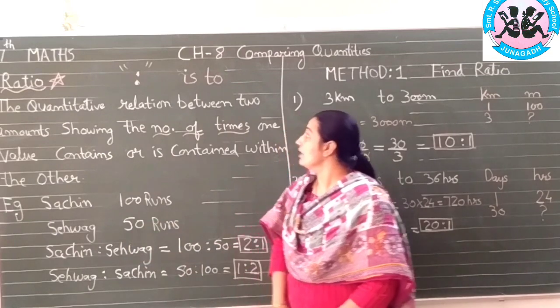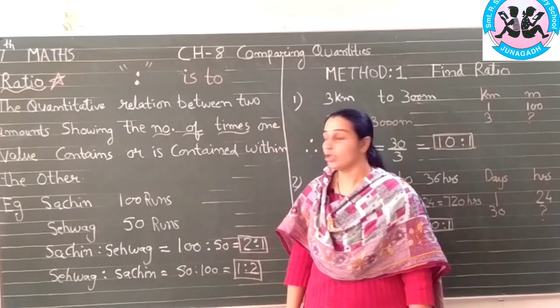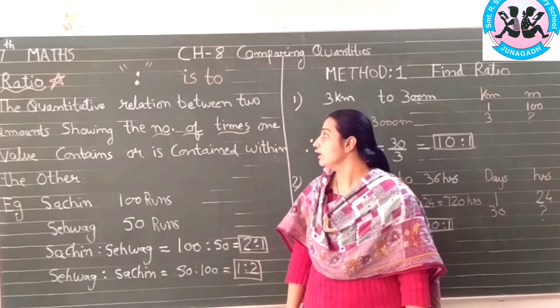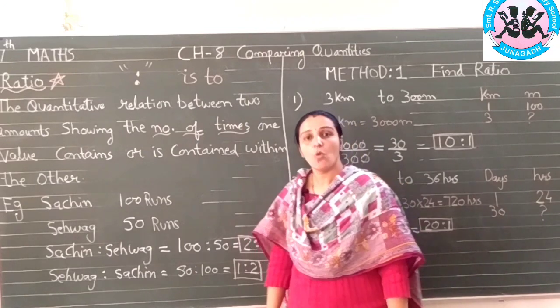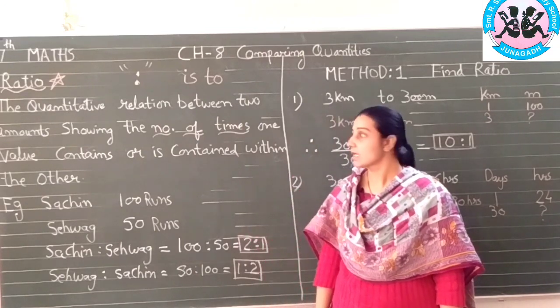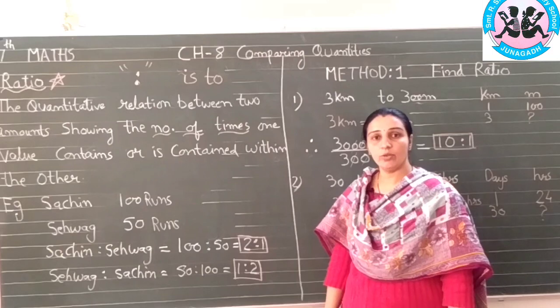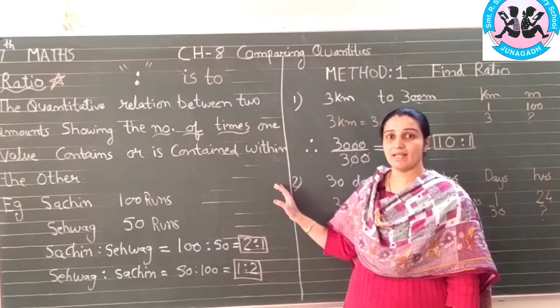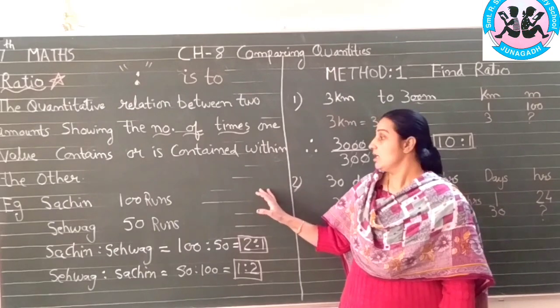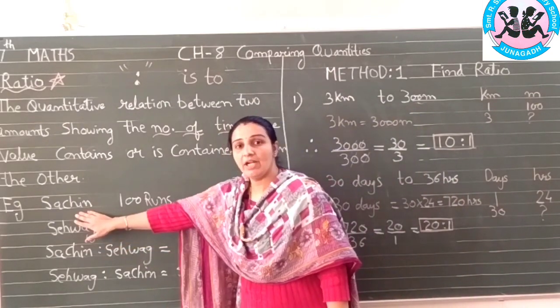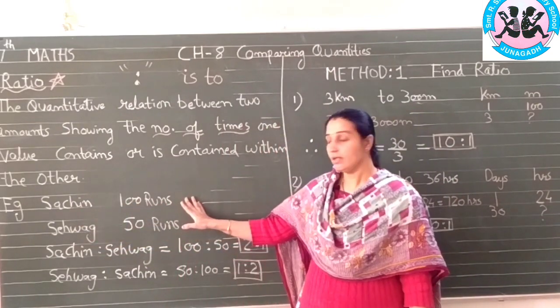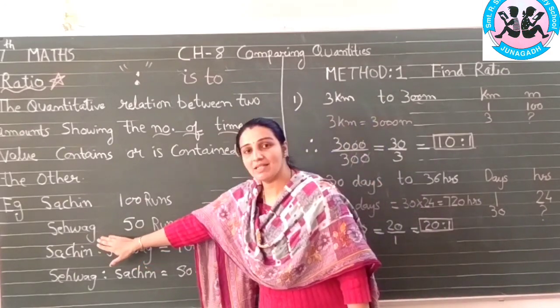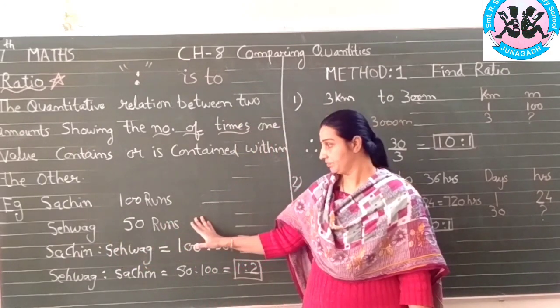Let us start with the definition of ratio. The quantitative relation between the two amounts showing the number of times one value contains or is contained within the other. Let us see the best example I have selected. Suppose the runs made by Sachin is 100 and the runs made by Sehwag is 50.